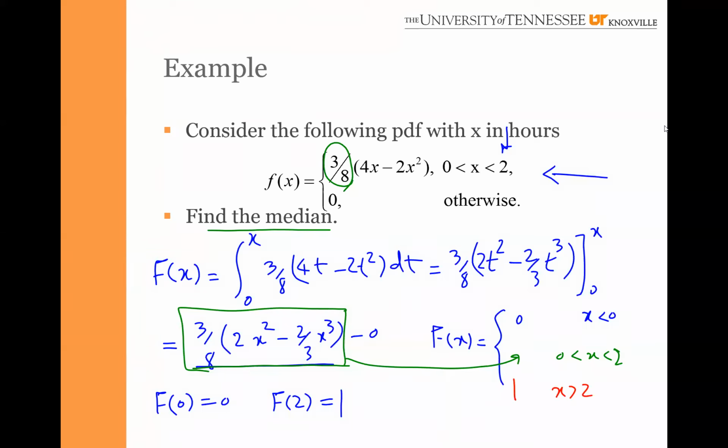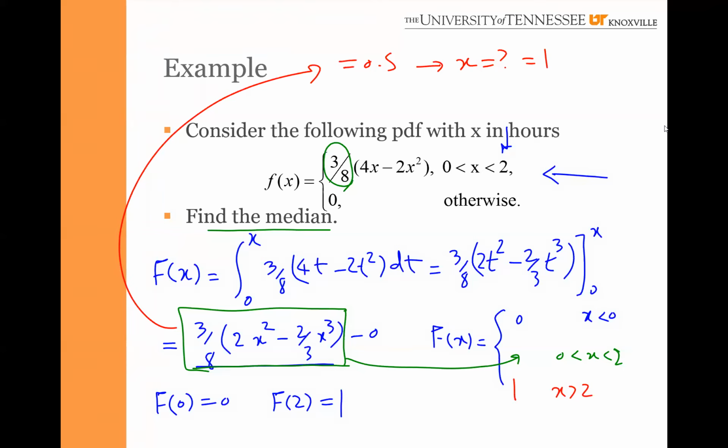This is my overall function. Now I want the median. So I'm going to set this function equal to 0.5 and solve for x. If I solve for x, a lot of you got it. You got 1. That's it. You could calculate f, you could calculate R, doesn't matter. Set either one equal to 0.5, and you get the same 1 as the answer.